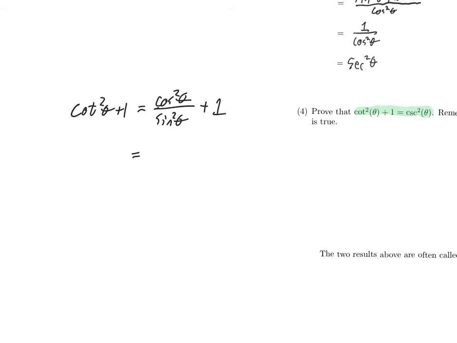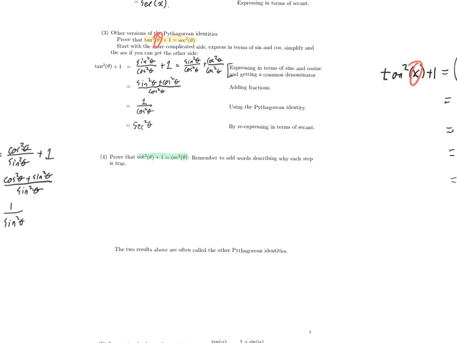But you know what to do now. This is a fraction plus 1. So I'll get a common denominator and add these fractions. That'll give me cosine squared theta plus sine squared theta all over sine squared theta. And cosine squared plus sine squared, that's 1 over sine squared theta.